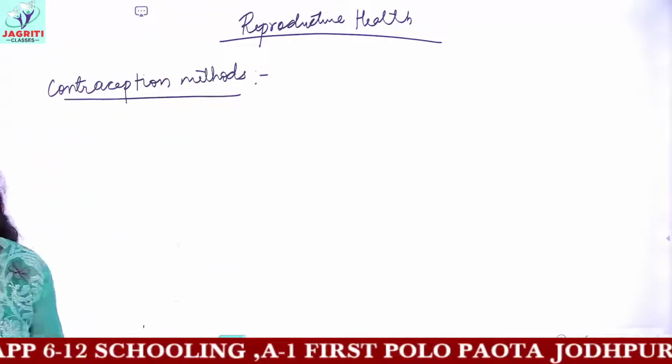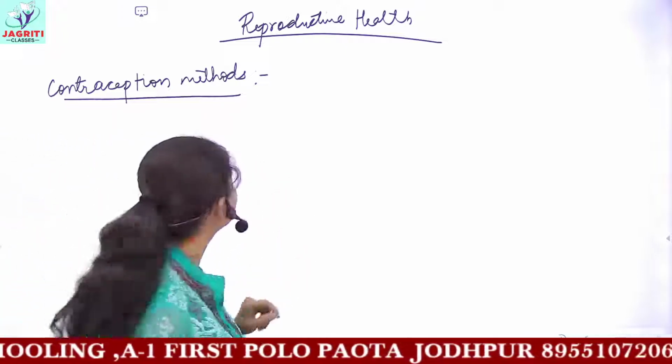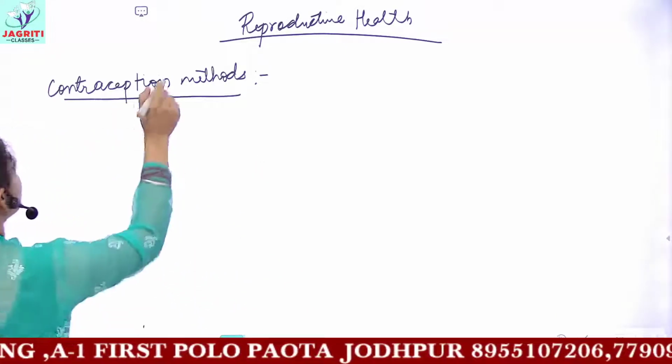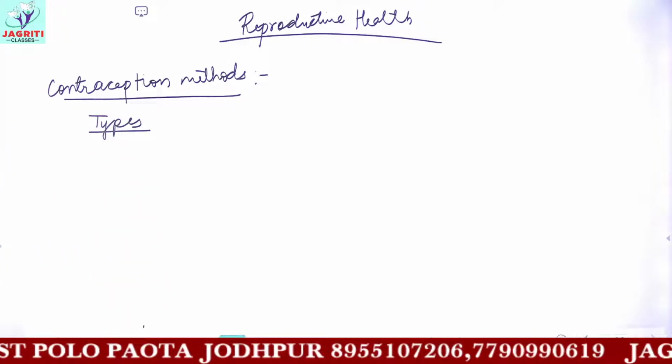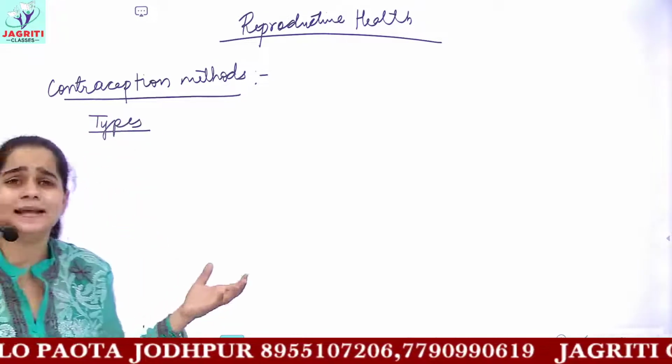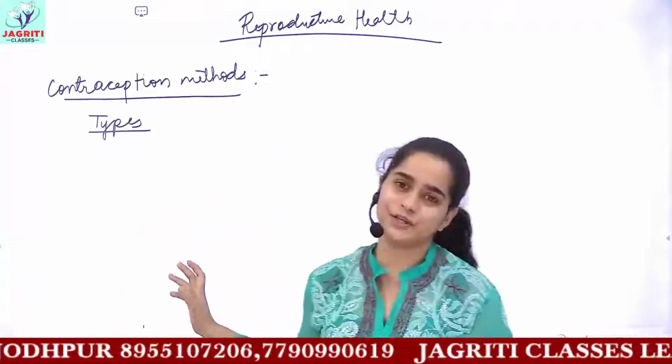So for making a flow chart, we will be writing the different types of contraception methods, and then you have to study them very briefly. Okay, you are given 2 to 3 lines for each contraception method.